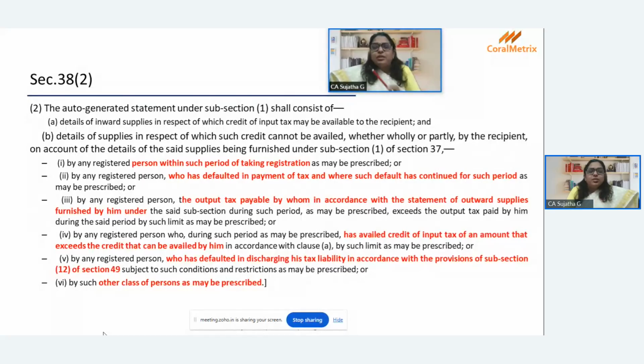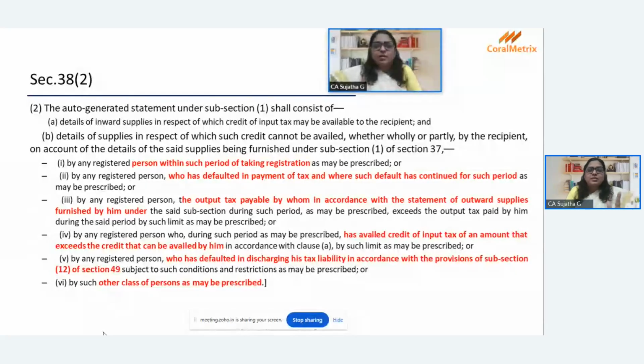So if you read the provisions, the auto-generated statement under subsection 1 shall consist of details of inward supply in respect of which the input tax credit may be available to the recipient, and the details of supplies in respect of which such credit cannot be availed, whether wholly or partly by the recipient, on account of the details of the said supplies being furnished under subsection 1 of section 37.